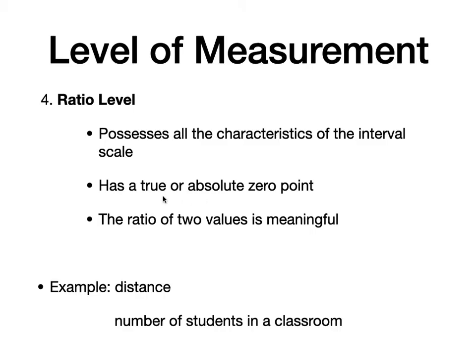The moment there is a true or absolute 0 point, then that type of variable is in the ratio level. However, if there is no absolute 0 point, or no true 0 point, then it belongs in the interval level. Okay, so I hope the different levels of measurement are clear to you.